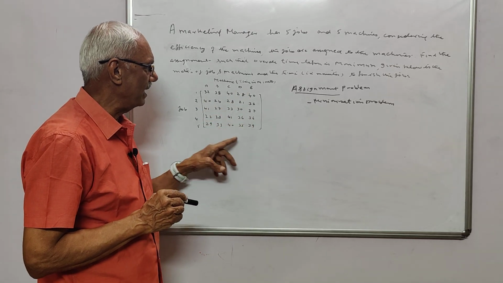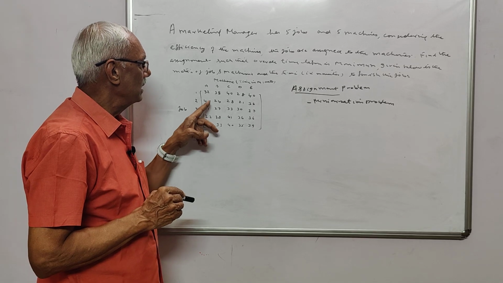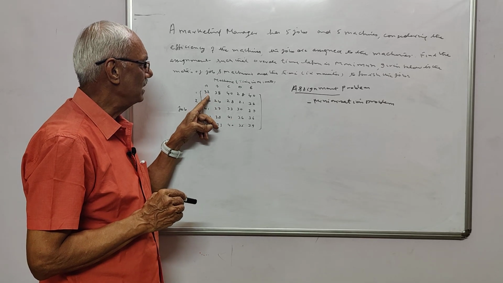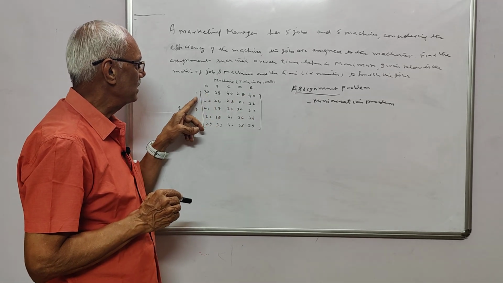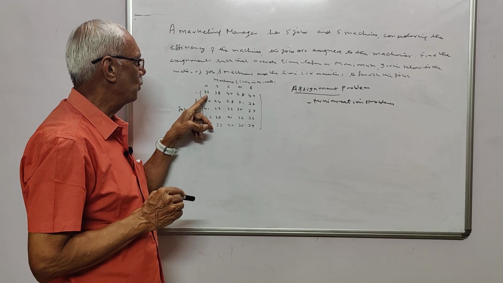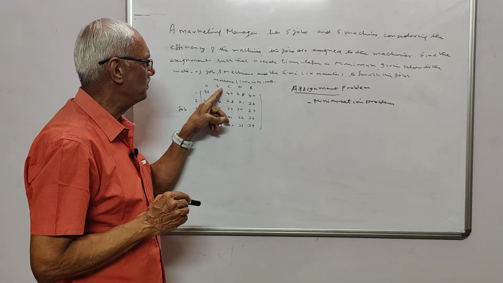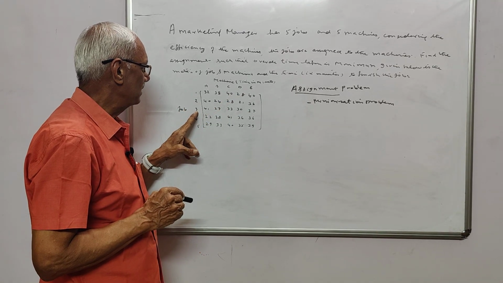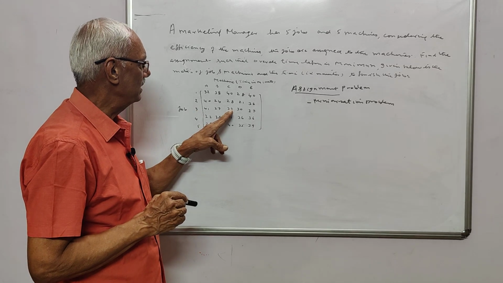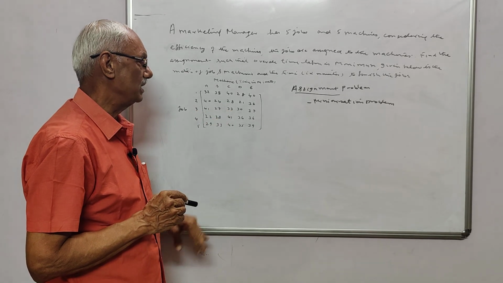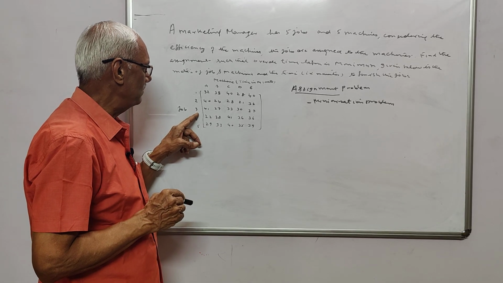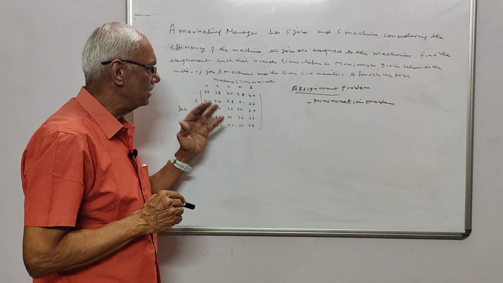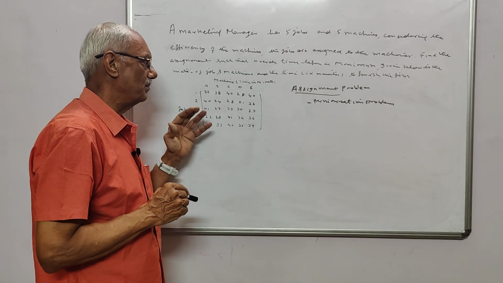Now, the elements inside the matrix refer to the minutes of time taken for completing the job by machinery A, B, C, D and E. For example, if this third job is given to machinery C, it takes 33 minutes. Whereas if the same job is given to A, it takes 41 minutes. So this is the meaning of this particular matrix.